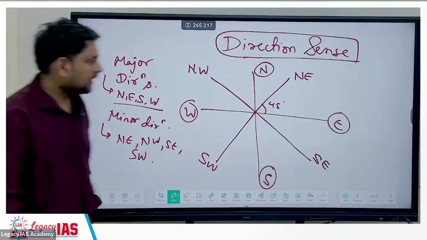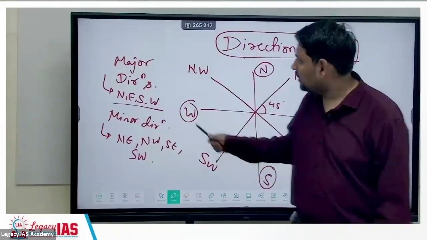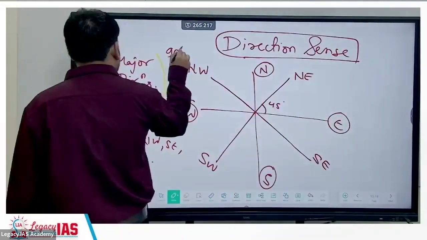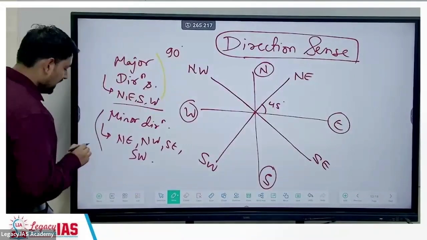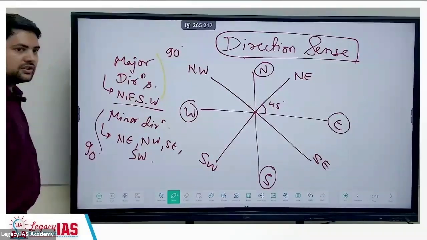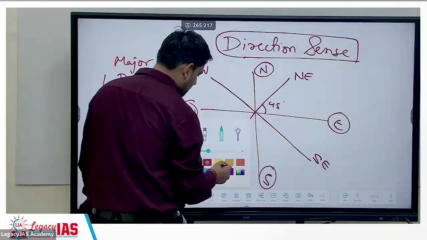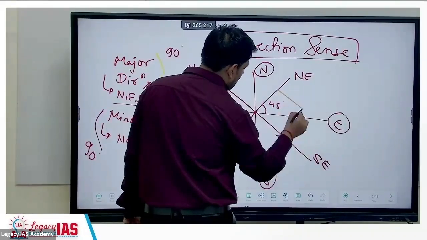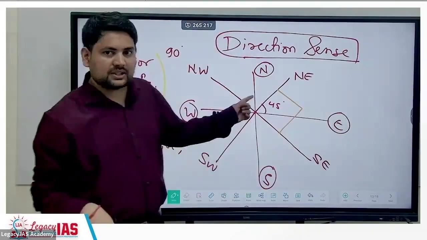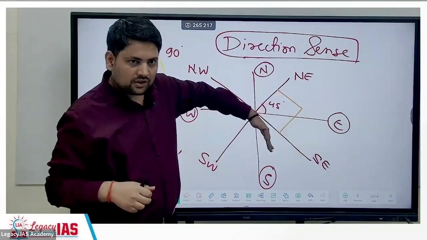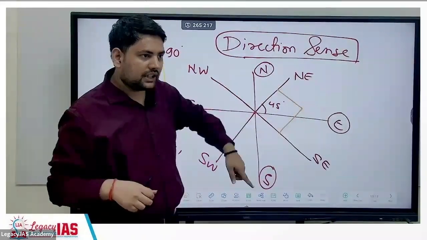Now understand one thing: the angle between two major directions would always be 90 degrees. Also between two minor directions, this angle, northeast and southeast, will also be 90 degrees.